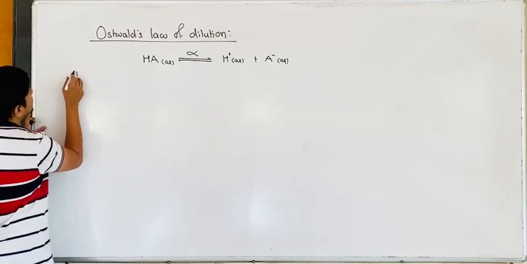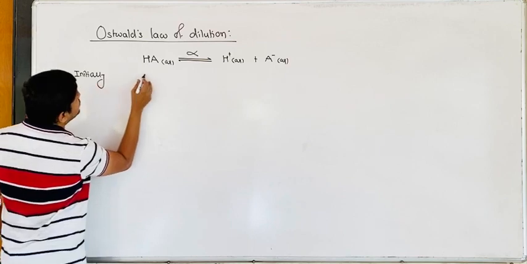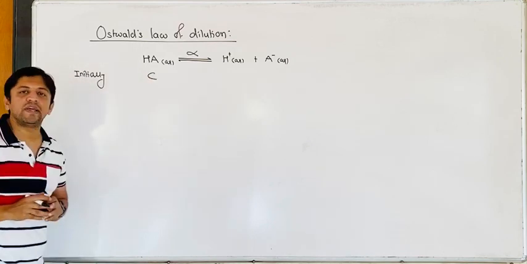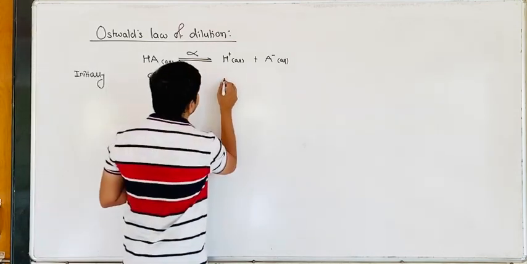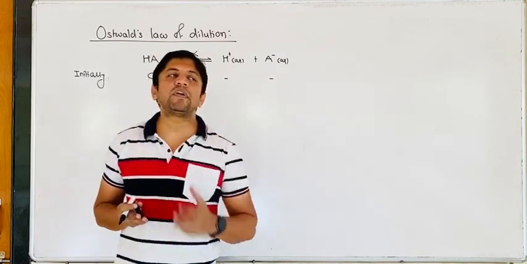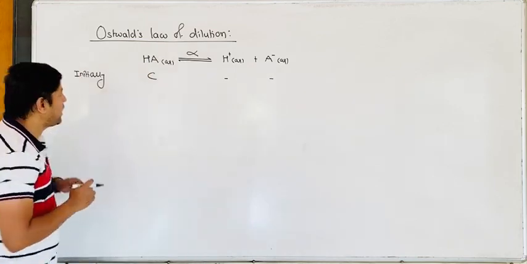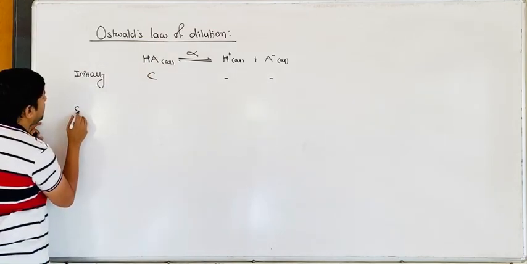Let the initial concentration of acid be C. Now this HA acid, whose concentration C, starts dissociation into the aqueous solution, and after some time equilibrium is attained.